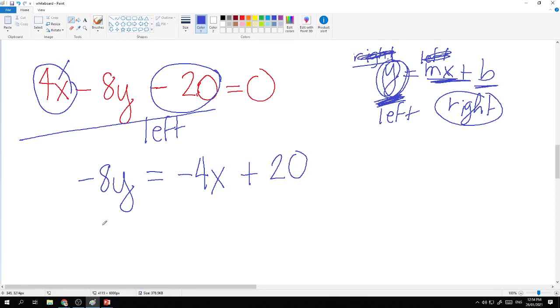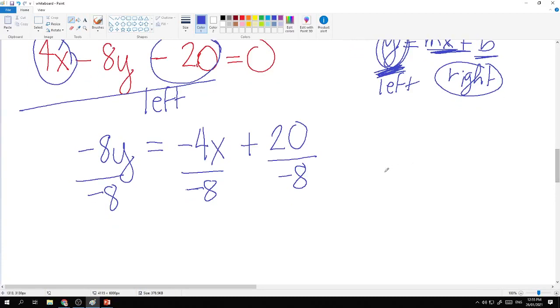And what are you going to do next? Divide by negative 8. And let's reduce this. So we have now, cancel negative 8, y is equal to, reduce negative 4x over negative 8.